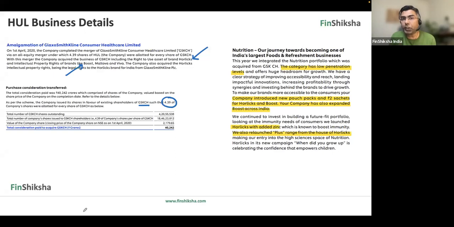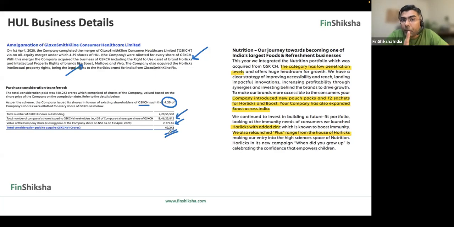So the way the balance sheet got structured was, on the equity side, the equity base increased because the number of shares increased, right? So 18 crore shares were issued, and the price of the share was about 2,000 rupees. So you multiply, 40,000 crore was the consideration that was paid.